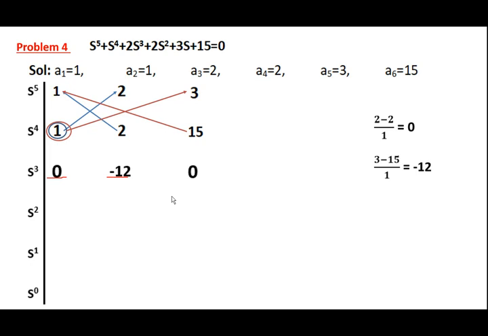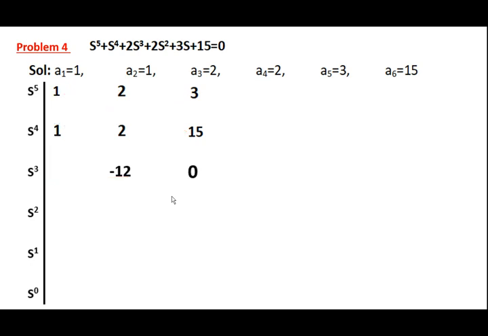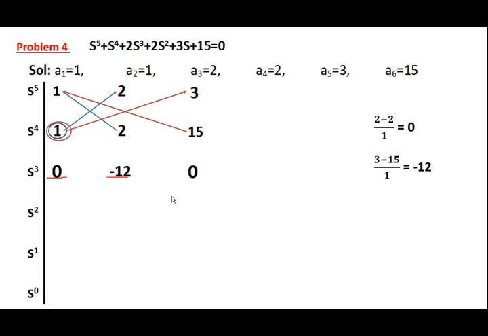Next, to find out the s^2 elements, according to difficulty 1, in the first column the first element in any of the rows should not be 0. So if there is any 0 present in the first element place, then you need to replace that 0 by epsilon.